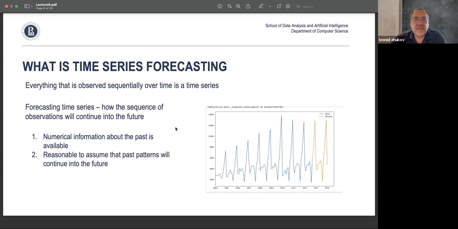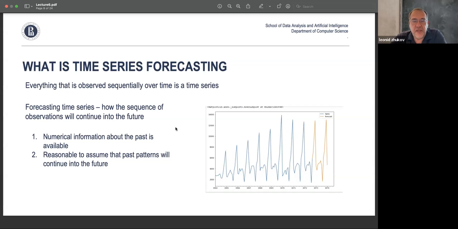But in any case, we need to have numerical information about the past, the historical data, and we need to be able to assume that the patterns will continue into the future. Otherwise, the forecast is not going to work. Remember, all forecasts failed when COVID happened because nobody had ever seen that much shutdown and interruption.